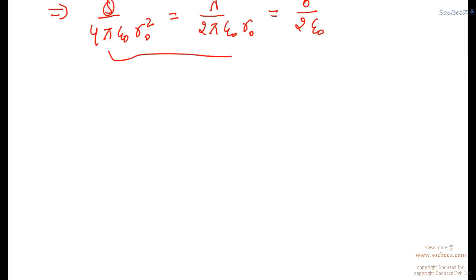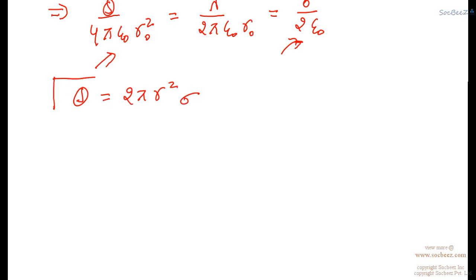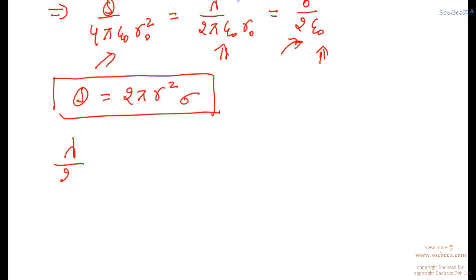So taking these two conditions together, we get Q equals 2 pi r0 square sigma. And if we take the other two, we get lambda upon pi r0 equals sigma, or r0 equals lambda upon sigma pi.